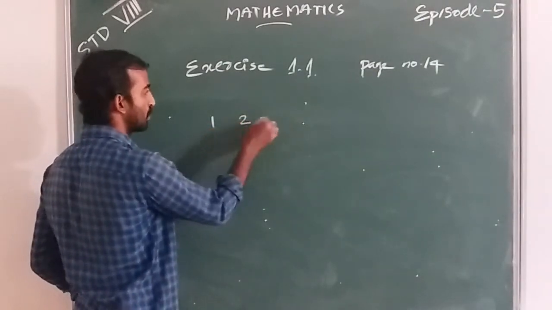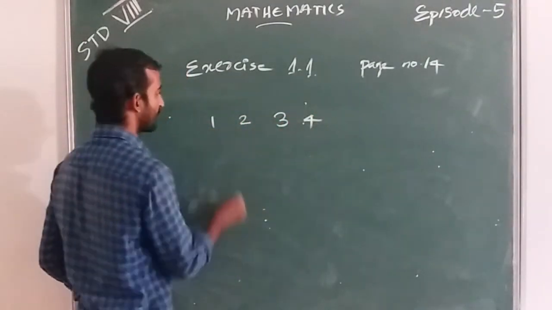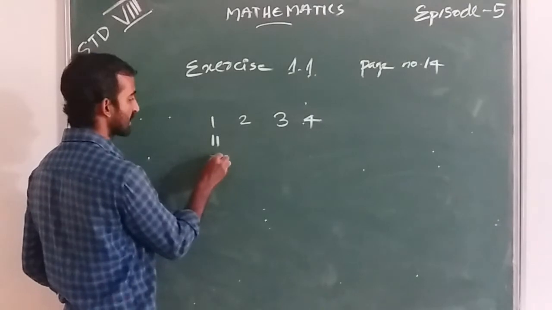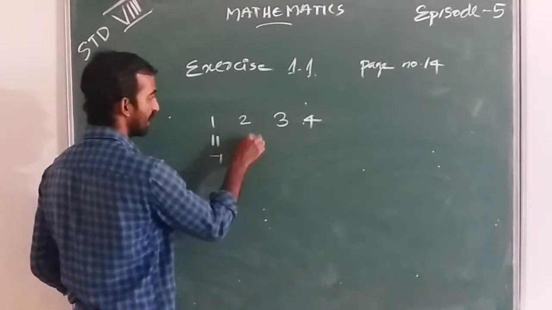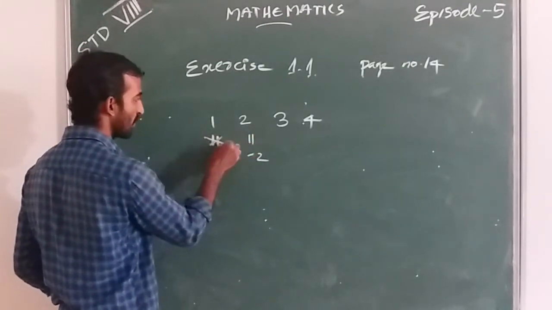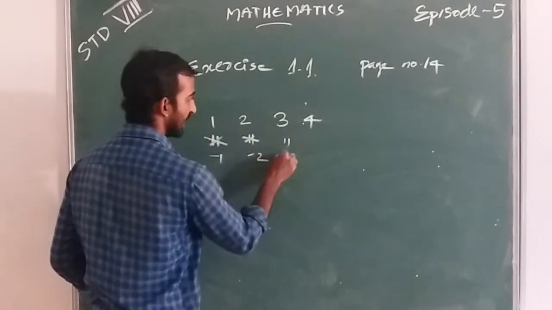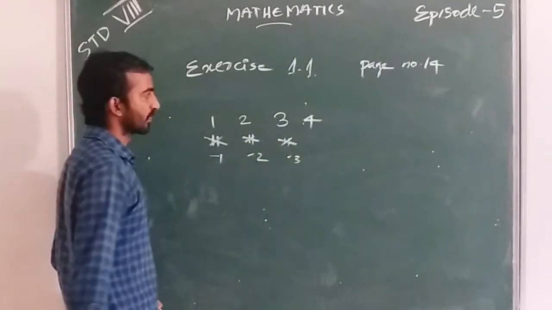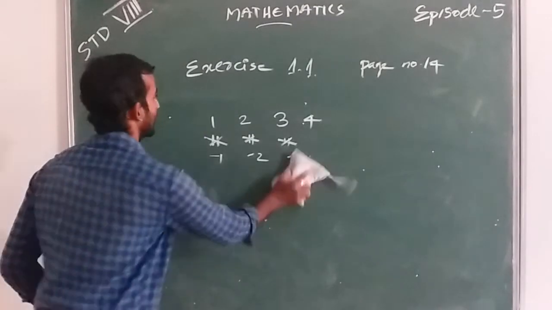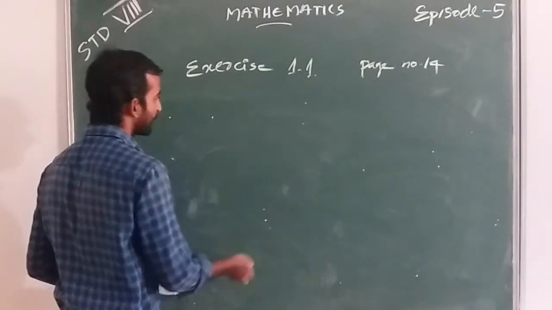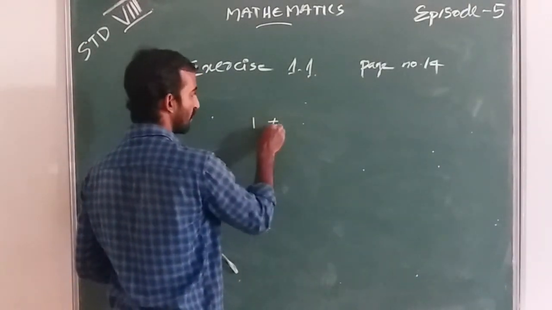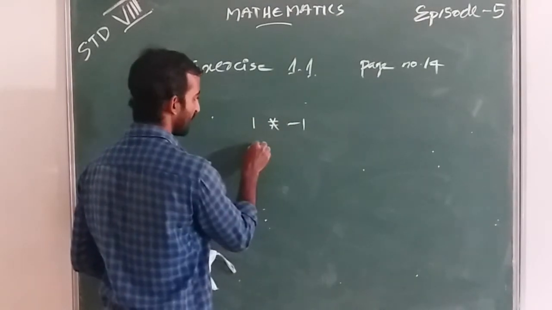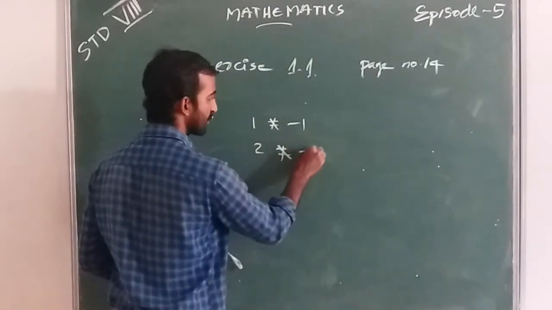Take 1, 2, 3, 4. Their negatives are negative 1, negative 2. These are not equal, and negative 3 is not equal. Simplified, 1 is not equal to negative 1, and 2 is not equal to negative 2.